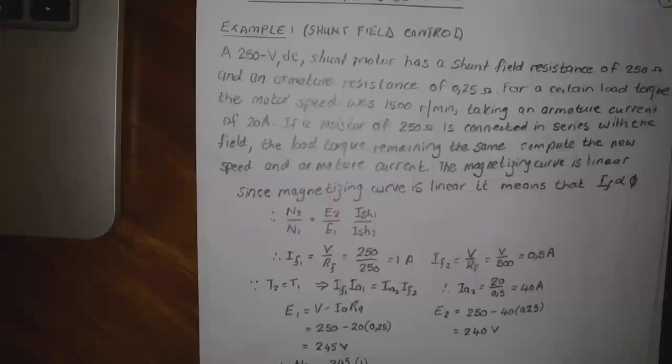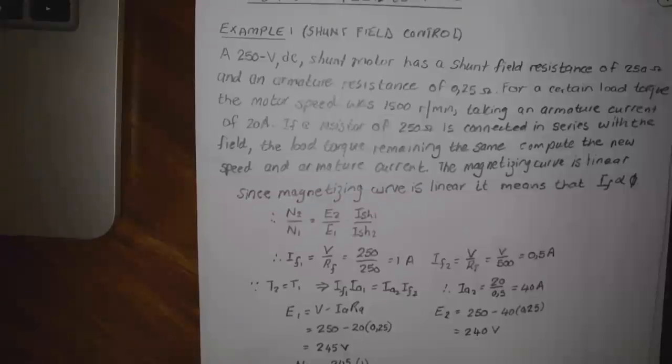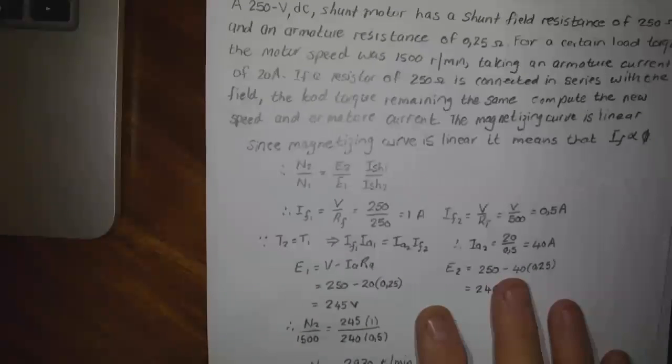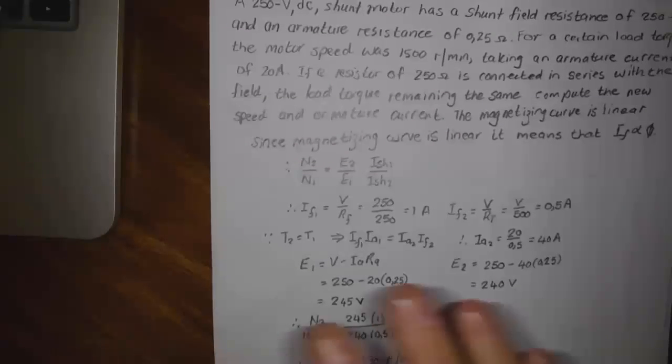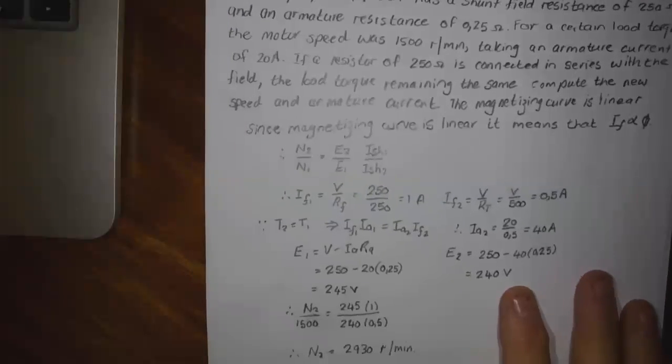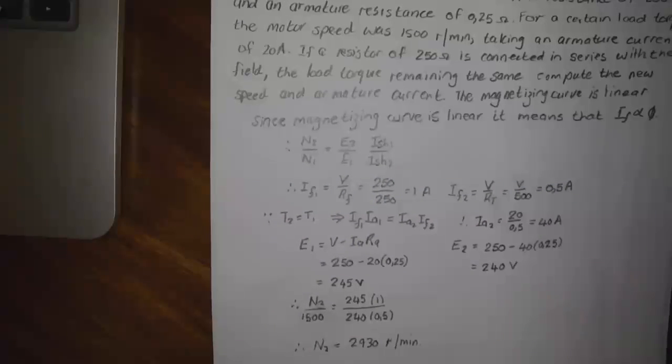Now, if a resistor of 250 ohm is connected in series with the field, the load torque remaining the same, compute the new speed and the armature current. And we can assume the magnetizing curve is linear. So since the magnetizing curve is linear, it means that the flux is directly proportional to the field current. So N2 over N1 is E2 I shunt 1 over E1 I shunt 2.